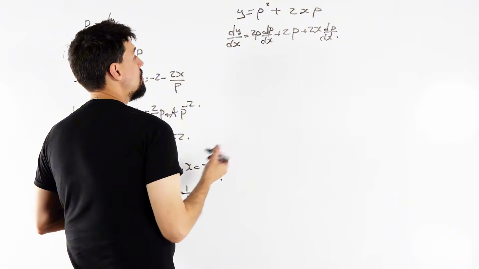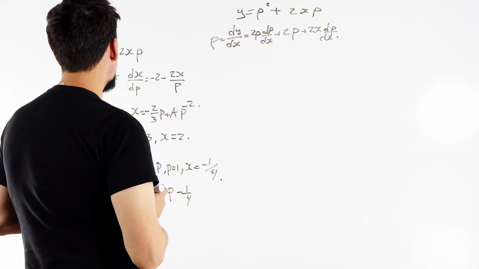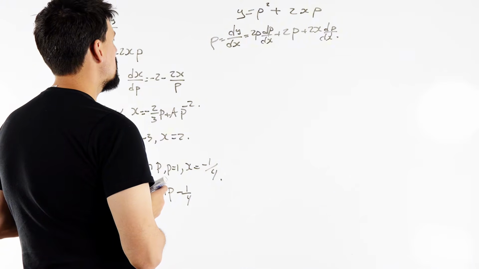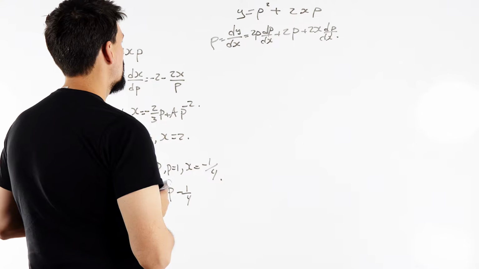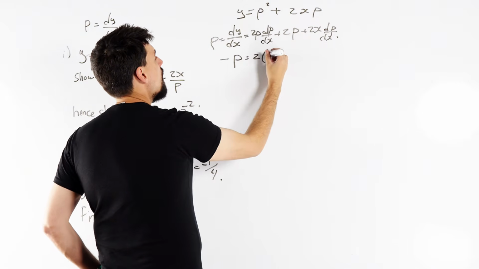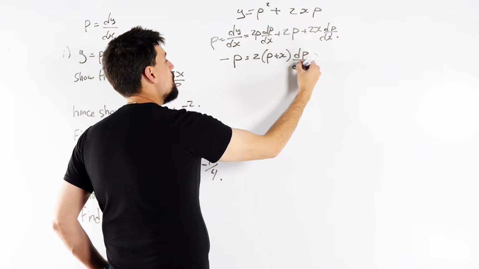Now dy/dx is just p, right? And I would quite like dx/dp, so let's make this tell me that minus p is 2 times p plus x dp/dx.